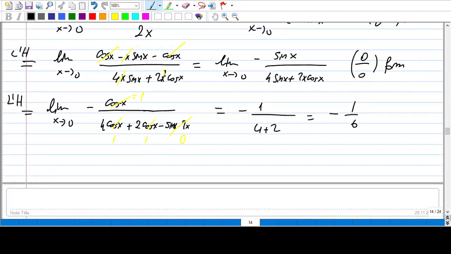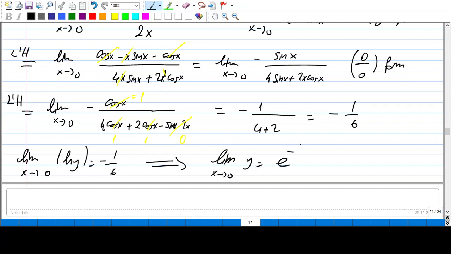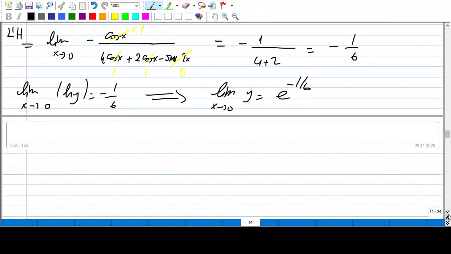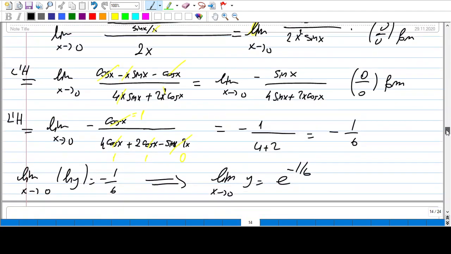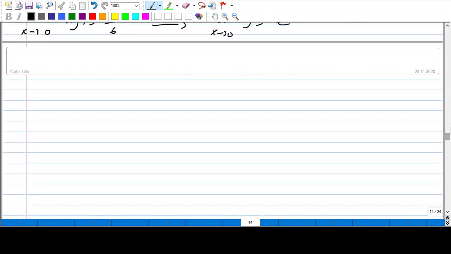But this is the result of the following: limit x to 0 of ln y is equal to minus 1 over 6, which implies that limit x to 0 of y will be e to the power minus 1 over 6. Please don't forget that each time you apply ln to the function y, you must pay attention to the last stage. You must change it back to the limit of y.